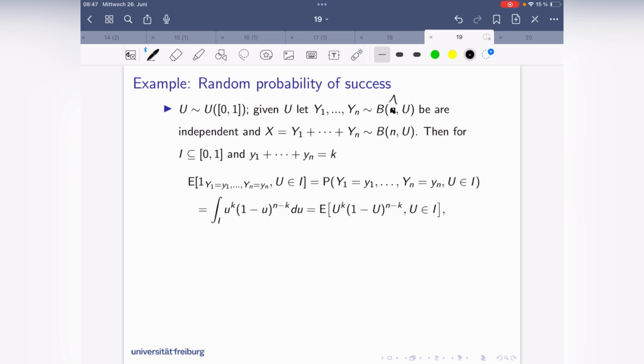So what we just proved is that the conditional probability of this here, probability of Y_1 equals y_1 up to Y_n equals y_n, equals U to the power of k, 1 minus U to the power n minus k.